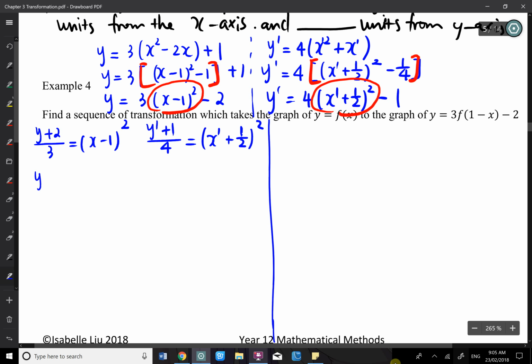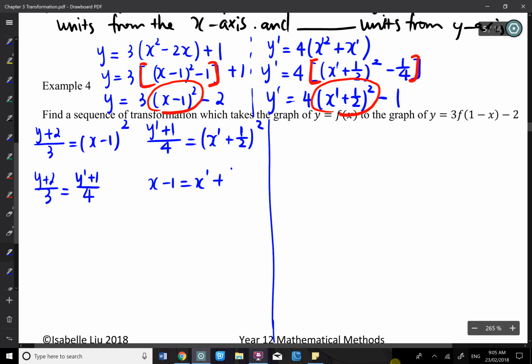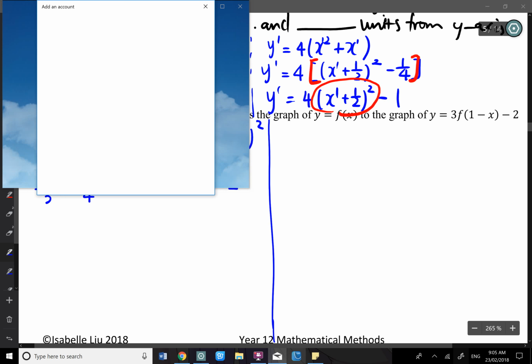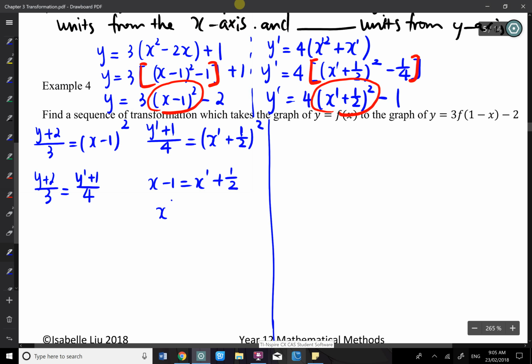So we have y plus 2 over 3 equals y dash plus 1 over 4. That is the x side: we have x minus 1 equals x dash plus a half. I need x dash and y dash to be the subject. So x dash equals x minus 3 over 2.